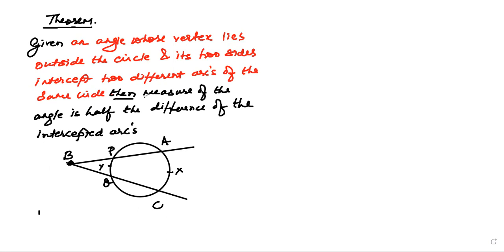Then immediately this formula should come to your mind. The measure of this angle is half the difference of the measures of the intercepted arcs.